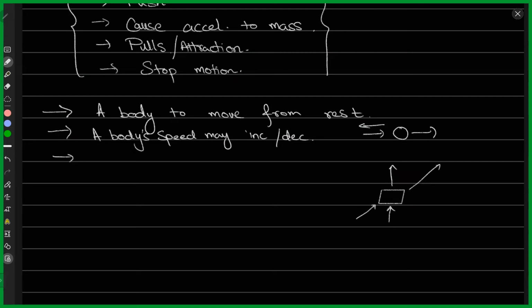So a force can cause a change in direction. Now, having these 3 points, we have more or less covered what a force is capable of. What can a force do? If a force acts on any body, these are the 3 things that can possibly happen because of the force.